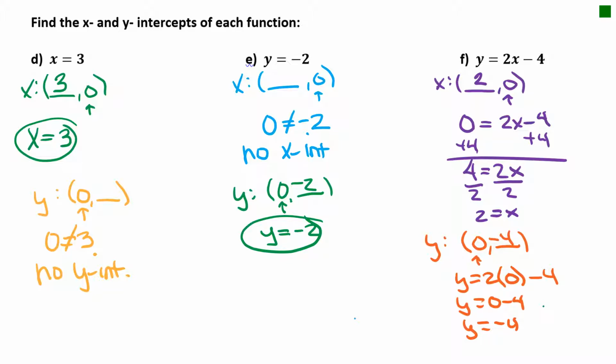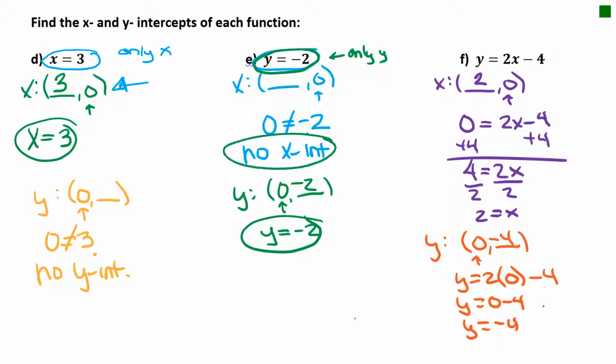Let's look at this. This equation only had x, right? And it only has an x-intercept, no y-intercept. This equation, whoops, that was supposed to change to green, only has y. And look at that. There's no x-intercept, only a y-intercept.